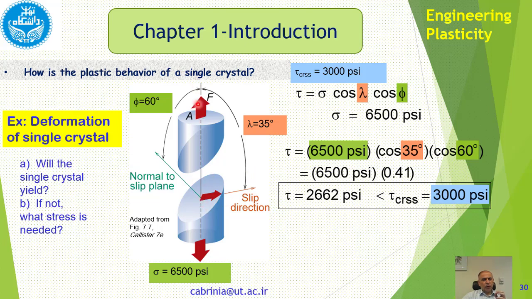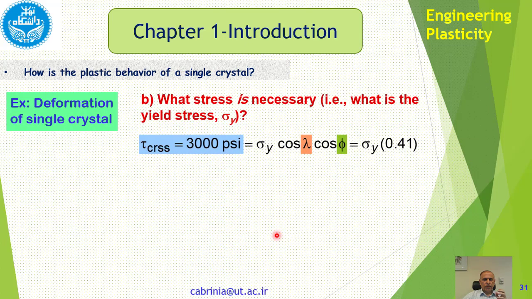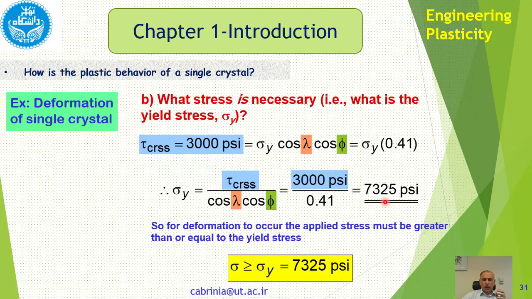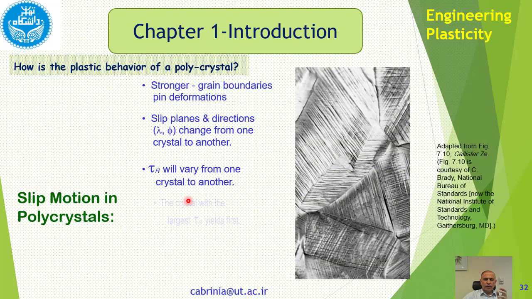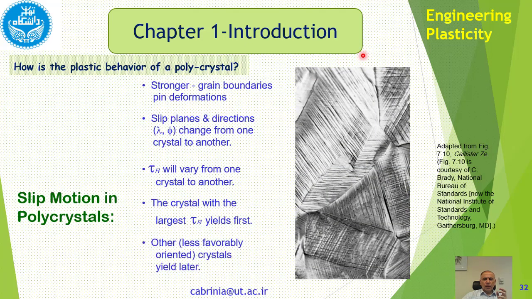If we increase the force more than this, so that we get a larger number for sigma, what happens? What happens is this, that on a certain direction and certain plane, a slip occurs at a certain value of sigma.